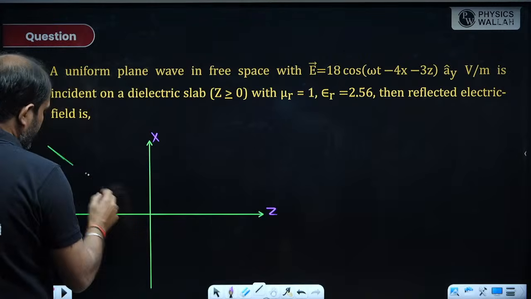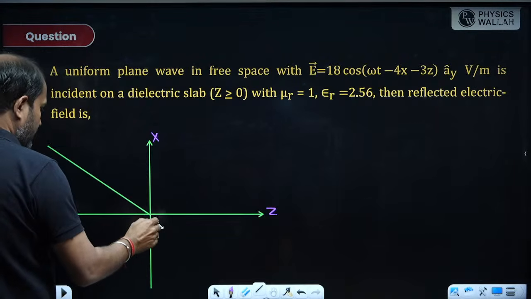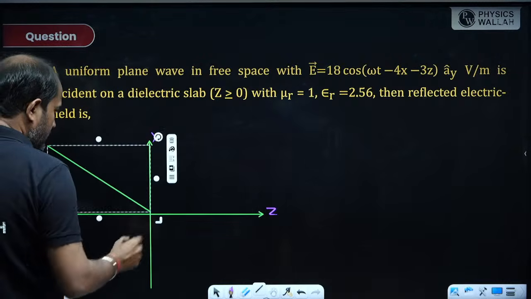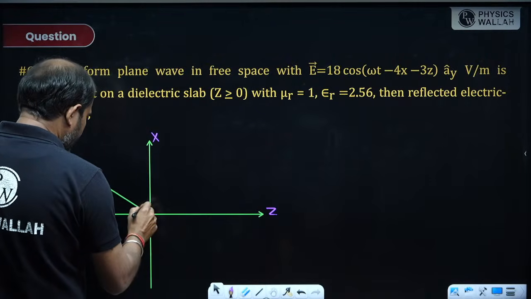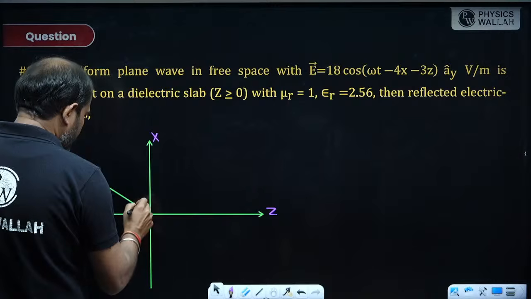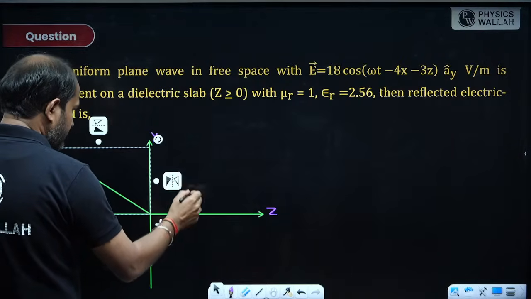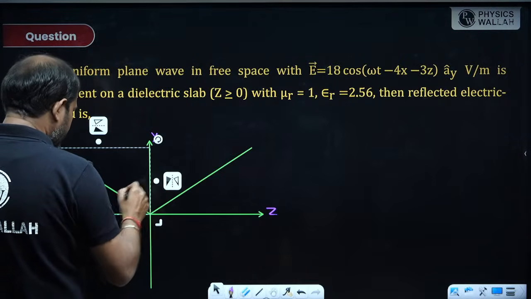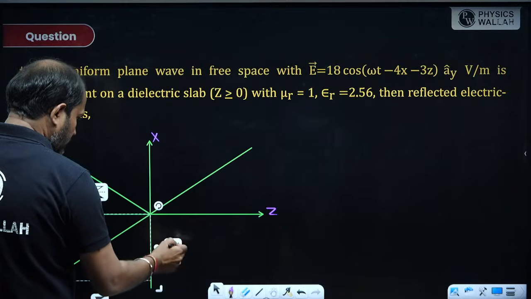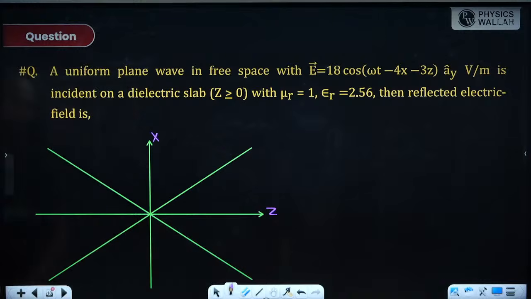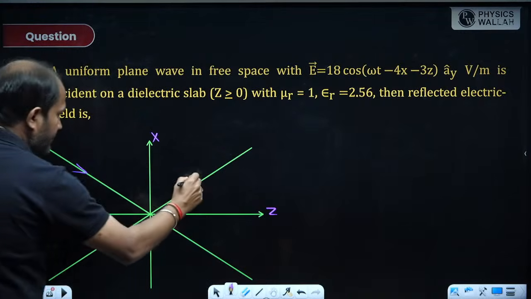First incident wave is in the third quadrant. Second incident wave is in the next. So this is our incident wave.